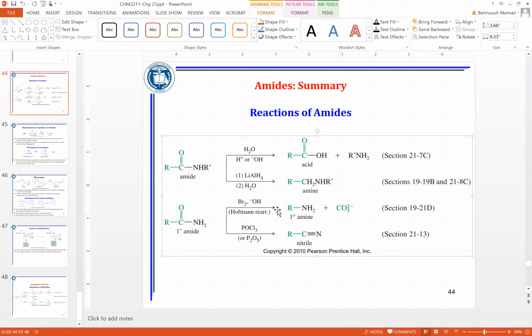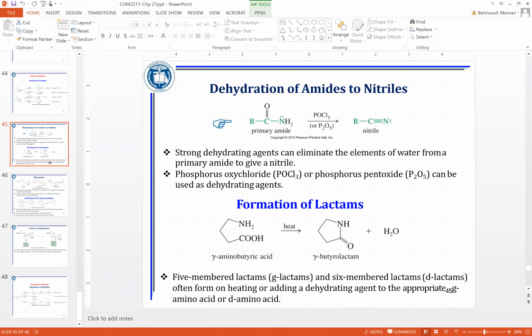Just be careful of that part. Keep track of the number of carbons, basically. You just have to make sure you maintain the number of carbons, the balance.